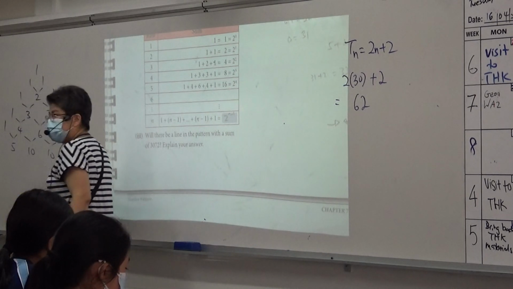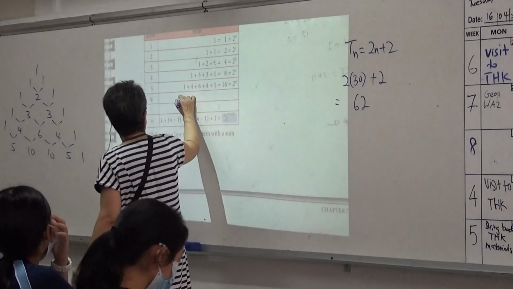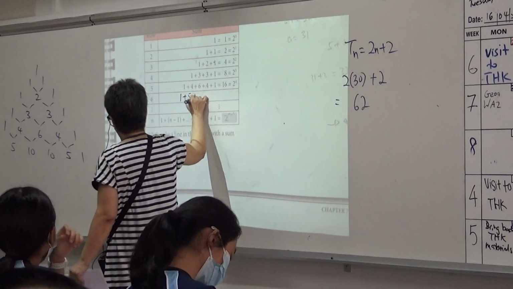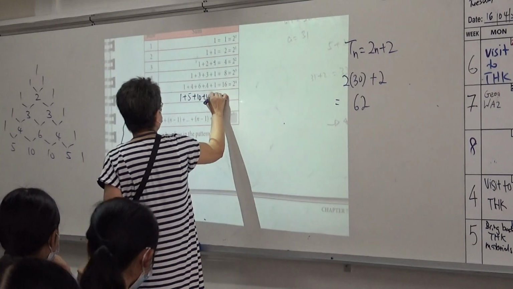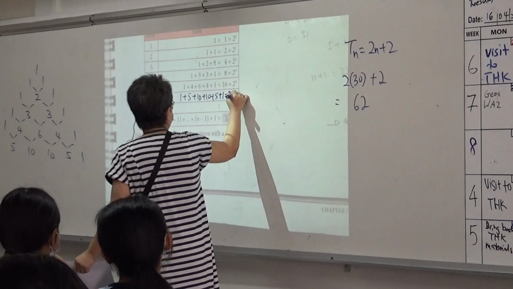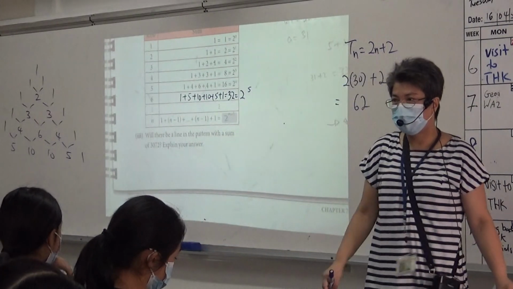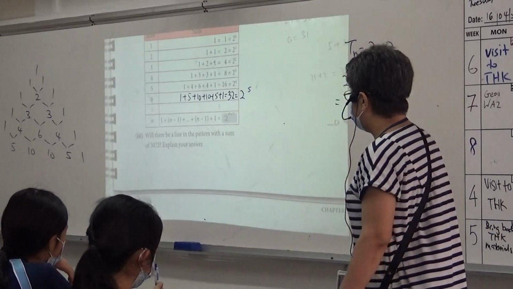Will be this one, right? Alright, then can you see this is plus, right? 1 plus 5 plus 10 plus 10 plus 5 plus 1. This will be equals to 32, which will be 2 to the power of 5. Right? Can you copy that down? On line 6.